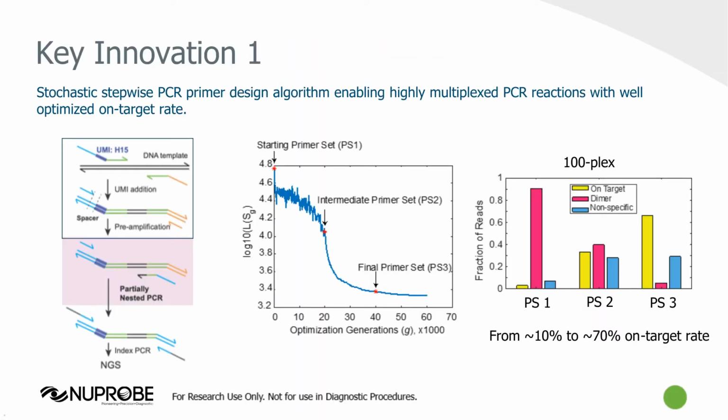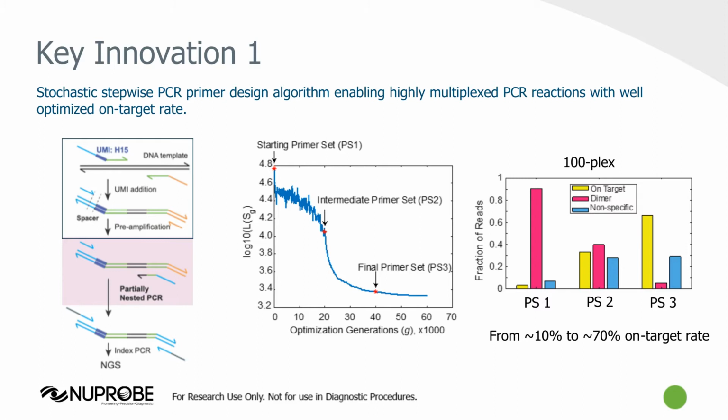First, we developed a stochastic stepwise PCR primer design algorithm that can design highly specific primers while keeping the orthogonality of primers to reduce dimer formation in each one of the PCR steps. In the middle figure, we evaluated primer designs using an internal bandwidth function, and 3 sets are picked to demonstrate the algorithm performance.